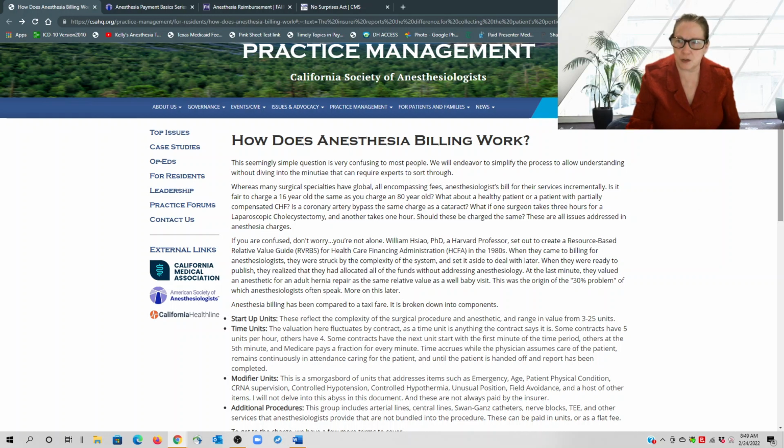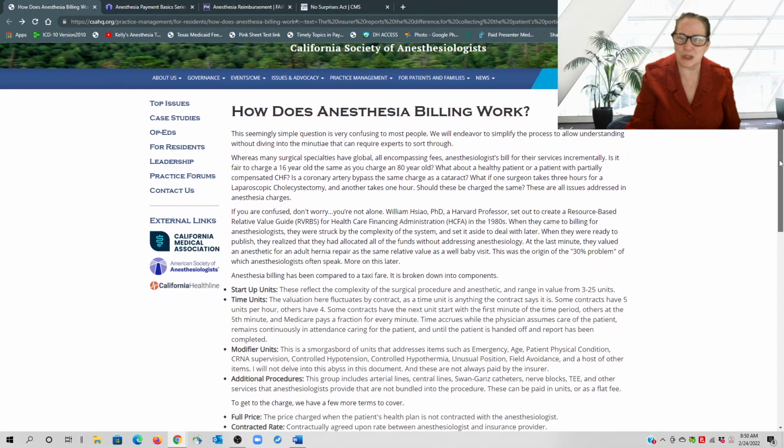That's because back in the 1980s, when they set up the reimbursement system, or the resource-based relative value scale, RBRVS, anesthesia was kind of set to the side and then addressed at the last minute, which has caused an undervalue of payment for us for many years. That's why it's important to pay your anesthesia copays, deductibles, and bills.